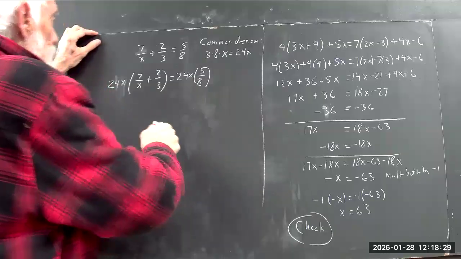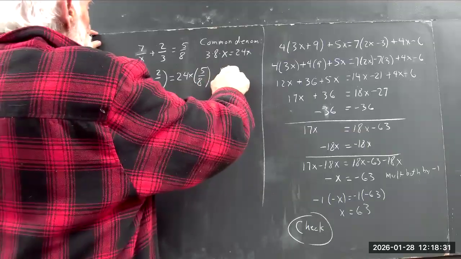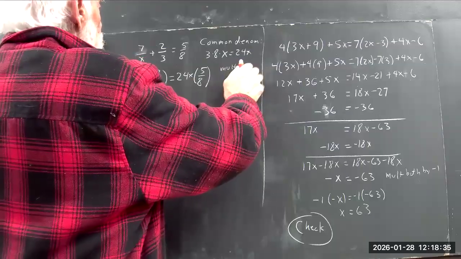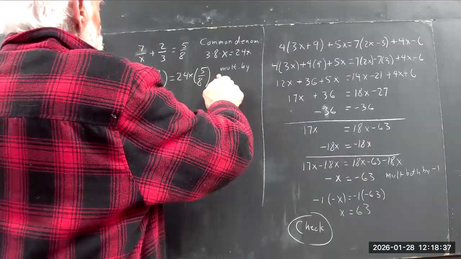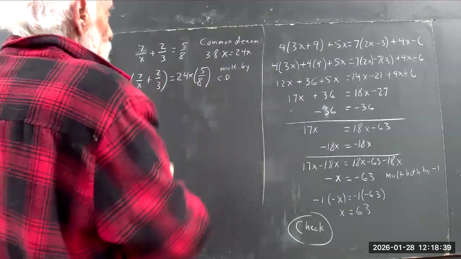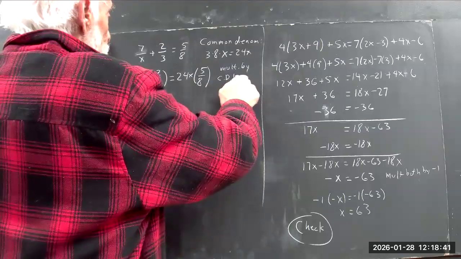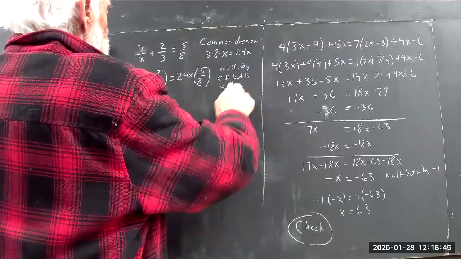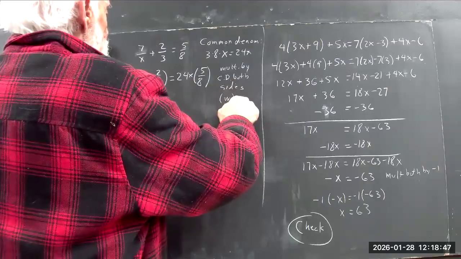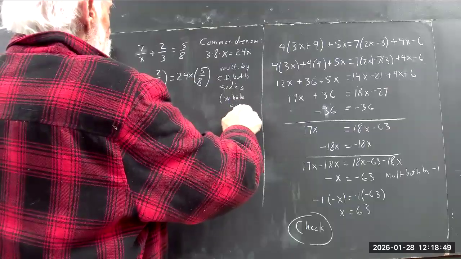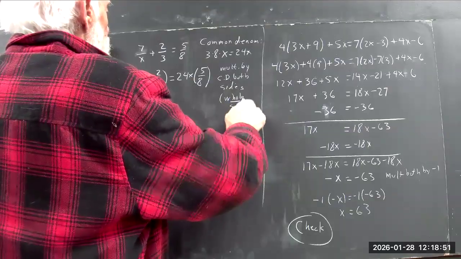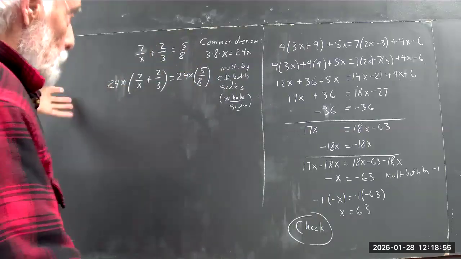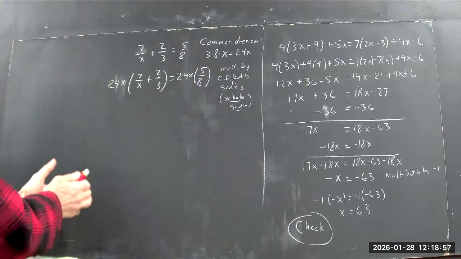Okay, so then we have 24x times 5/8. So we multiply both sides by the CD, which stands for common denominator, on both sides. I'll group the whole side, and there you have it.